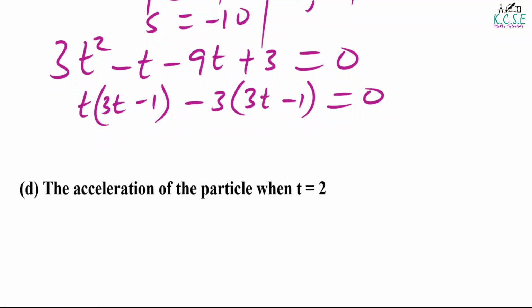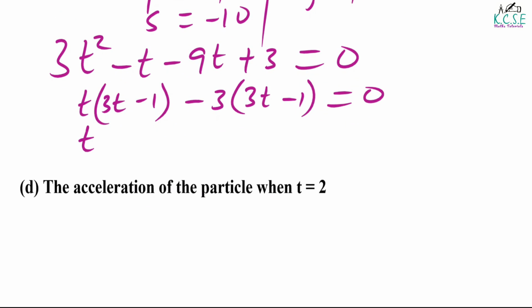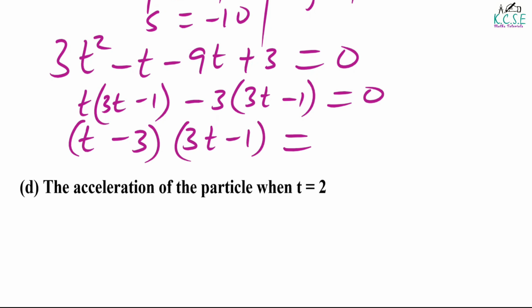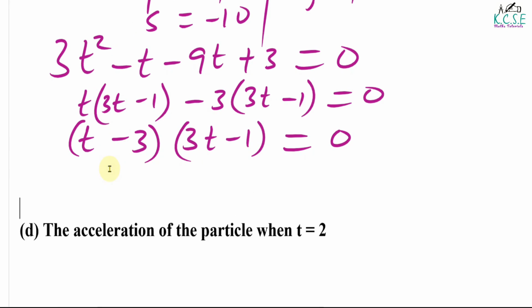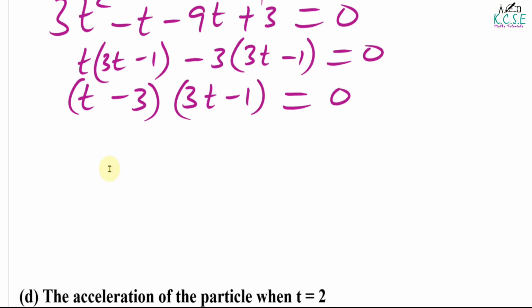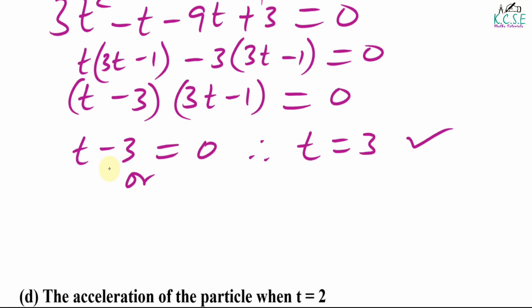Having got that, you get either t minus 3 equals 0 or 3t minus 1 equals 0. So t minus 3 equals 0 gives t equals 3, or 3t minus 1 equals 0, in which case t equals a third.